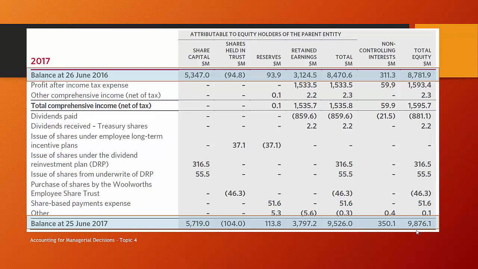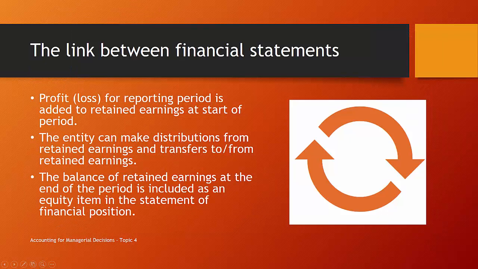And what's good to double check with this is if you then look at the statement of financial position, you will see these items in the statement of financial position. And that's the link. Profit or loss for the reporting period is added to retained earnings at the start. The entity then makes distributions from retained earnings and transfers to and from retained earnings.